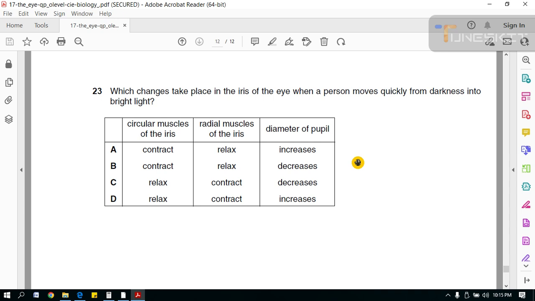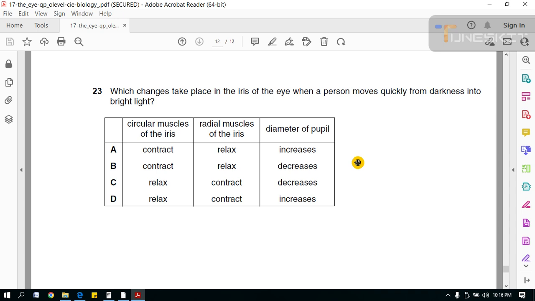When circular muscles contract, definitely radial muscles will relax, right? So here you can easily find the correct option: circular muscles contracted, radial muscles relax.